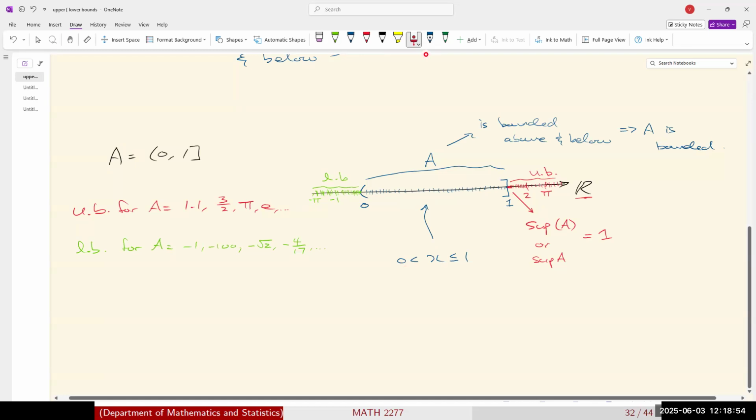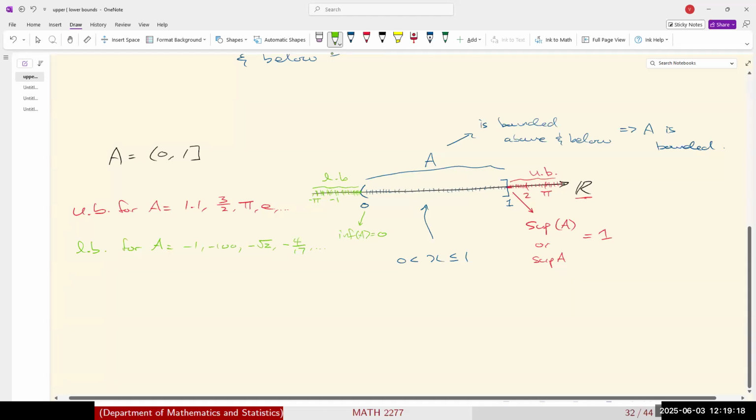If I try to make a lower bound bigger than 0, I'm going to fall inside of this interval. So 0 is like the best lower bound you could get, the greatest lower bound you could get. So we say 0 is the infimum of A. So that's your supremum and that's the infimum.